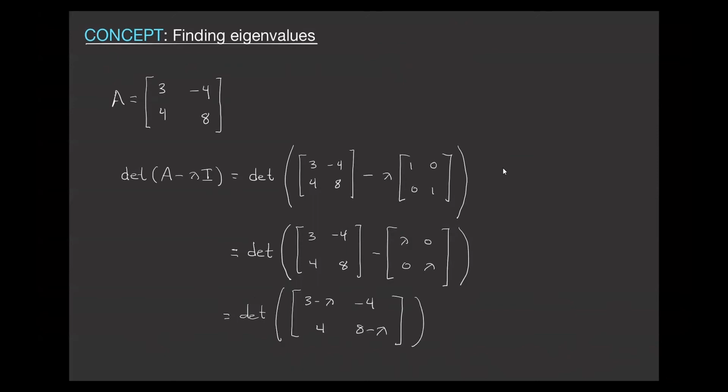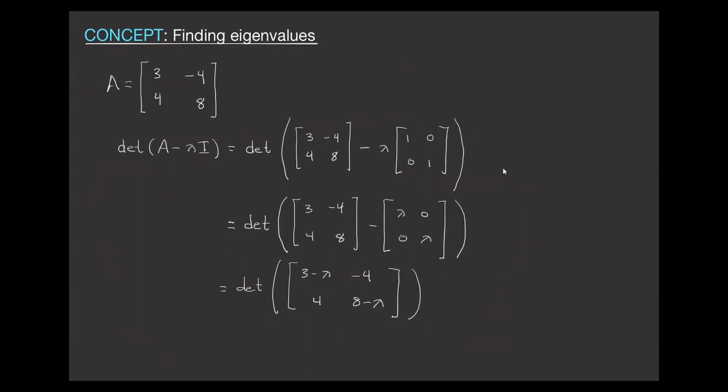Okay, so we're computing the determinant of this expression. To take the determinant of this, it will end up being 3 minus lambda times 8 minus lambda, minus a negative 16, so plus 16.